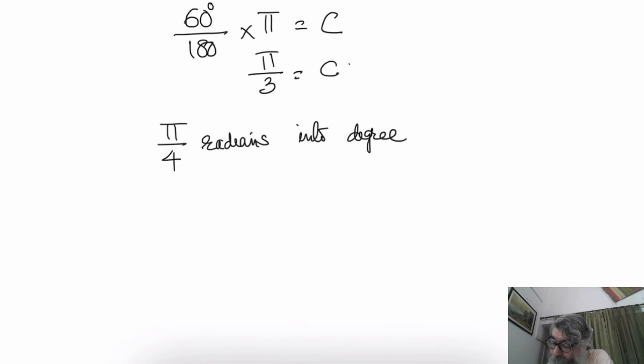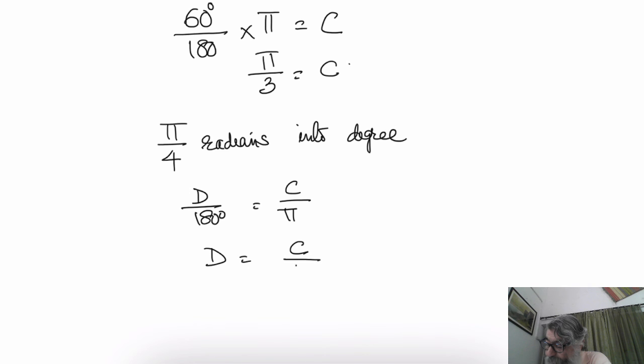What is the formula? D upon 180 degrees is equal to C upon pi. Now I have the angle C. I am given C as pi by 4 and I have to find D. So the angle in degrees will be C upon pi into 180. What is the value of C? Pi by 4.